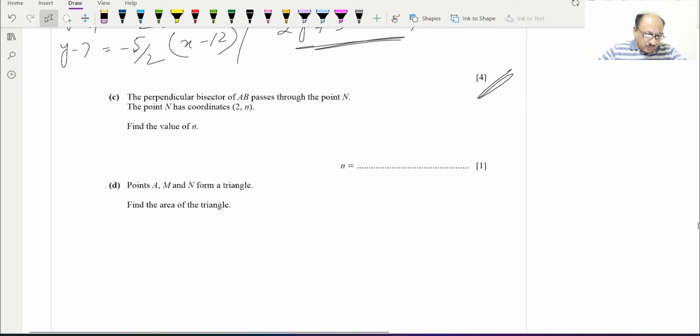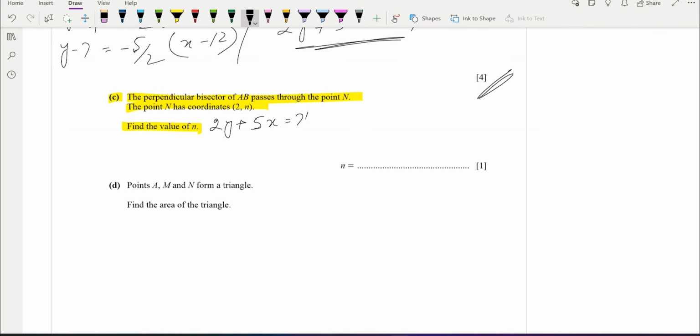Hopefully you understood this. C part: the perpendicular bisector of AB passes through the point N. The point N has coordinates (2, n). Find the value of n. So the perpendicular bisector equation we just found is 2y plus 5x is equal to 74, and x is 2.